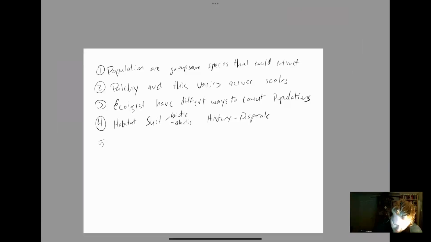Five, that metapopulations go through extirpation, that's local extinction, and recolonization.